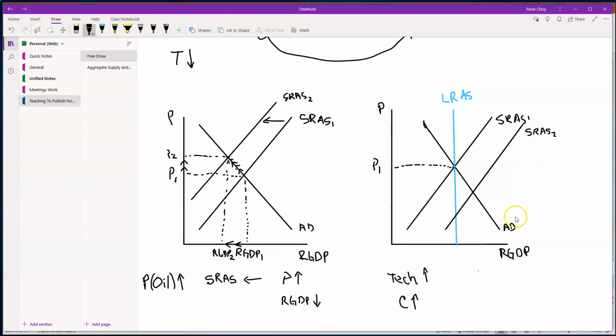And then this increase in consumption, now, is going to make my aggregate demand shift to the right.